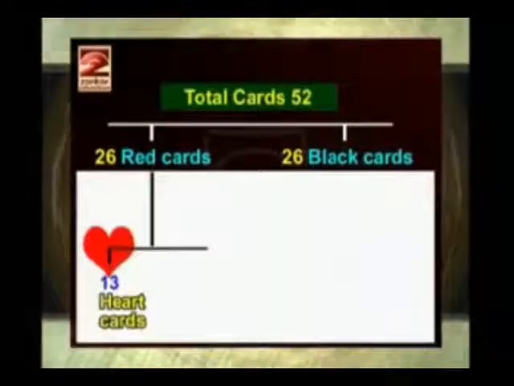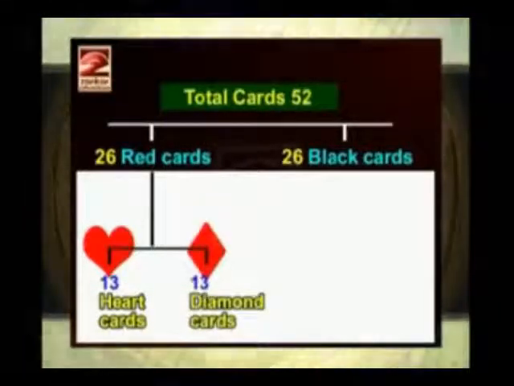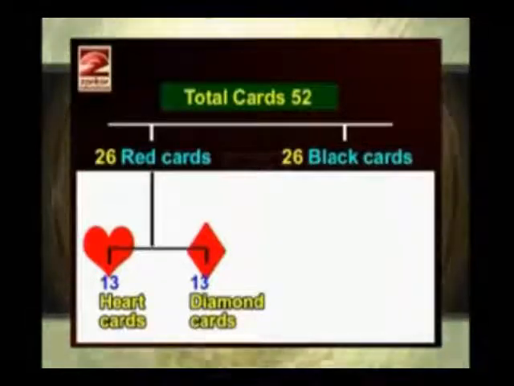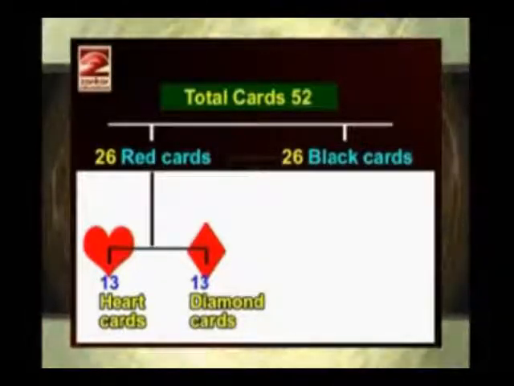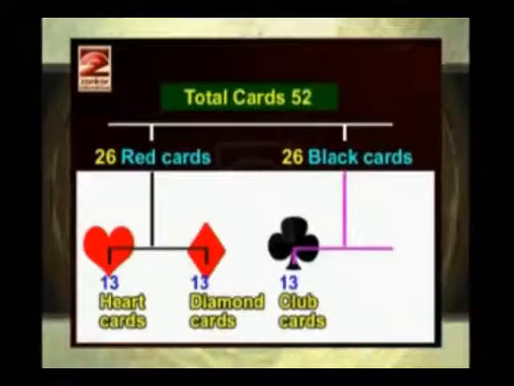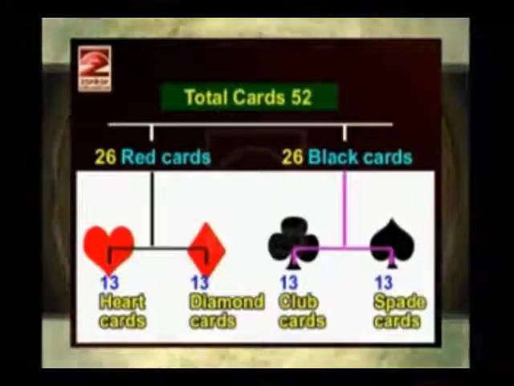Now next, we can use a pack of cards. You all know that the pack of cards is having 52 cards without joker. There are 26 red cards and 26 black cards. In red cards, there are 13 heart cards and 13 diamond cards. In 26 black cards, 13 are black club cards and 13 are spade cards.